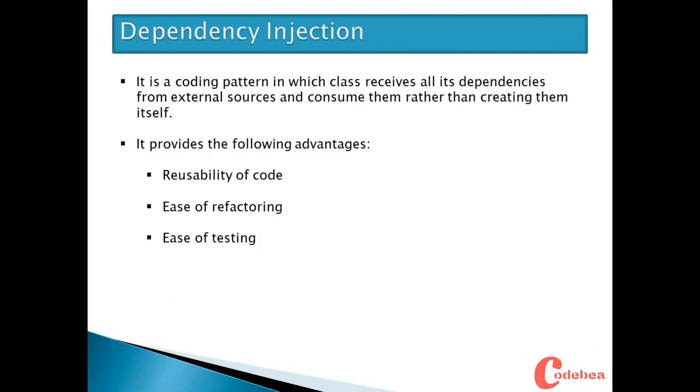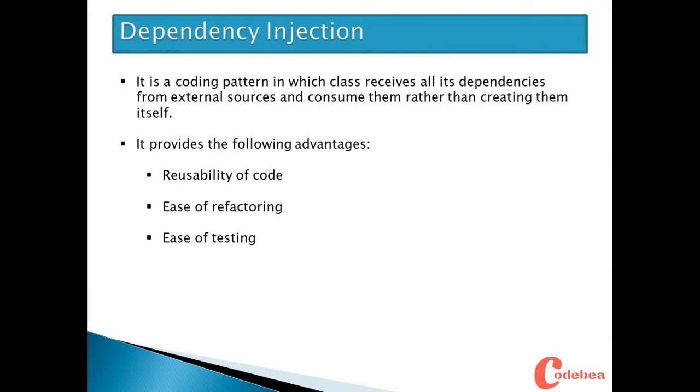Dependency injection is a coding pattern in which a class or your component receives all its dependencies from external sources and consumes them rather than creating them itself. It means that your component will not create an object for your services.